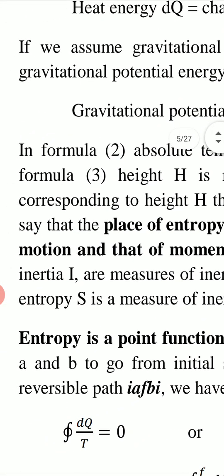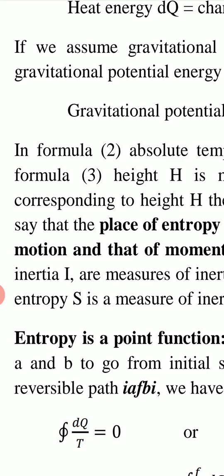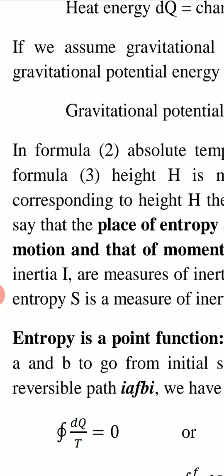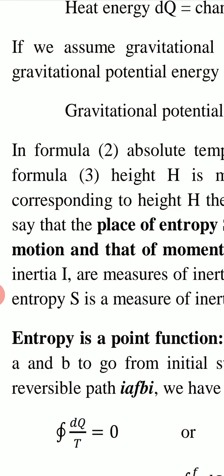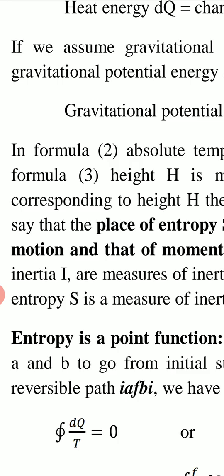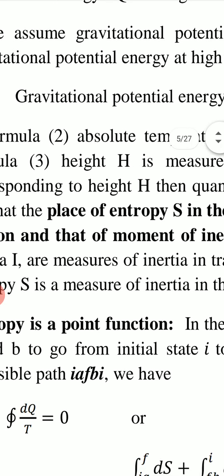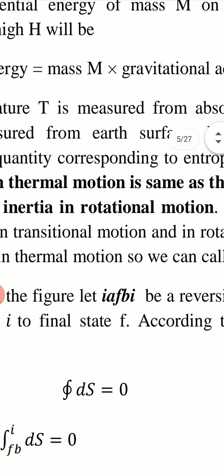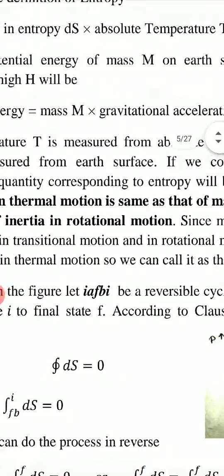If we bring a particle of mass m at height h above Earth's surface, then its gravitational potential energy will increase by mgh.